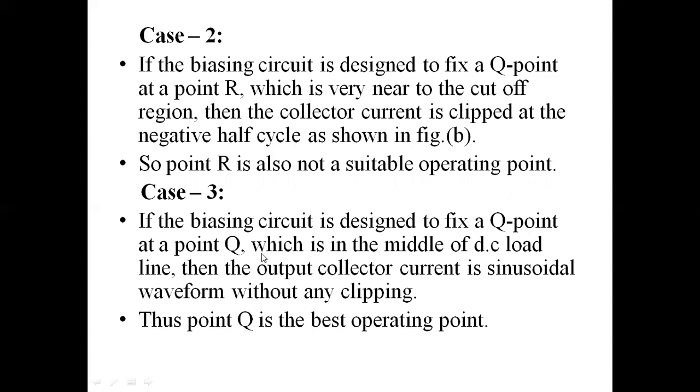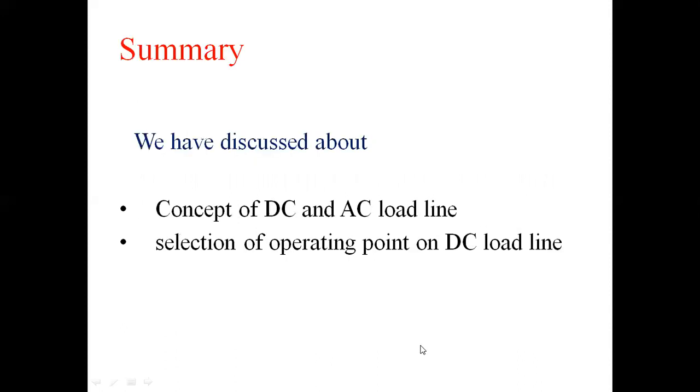In case 3, if the biasing circuit is designed to fix the Q point exactly at the middle of the active region, or the middle of the DC load line, then the output collector current is a sinusoidal waveform without any clipping. Thus, the point Q is the best operating point.